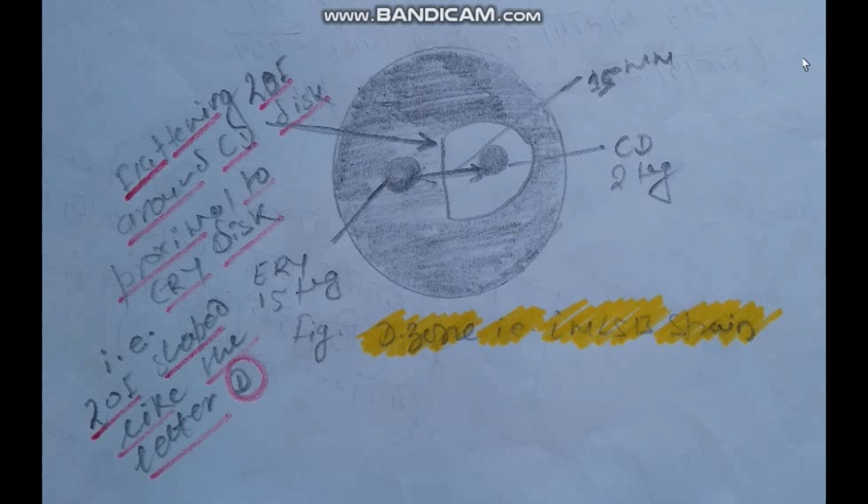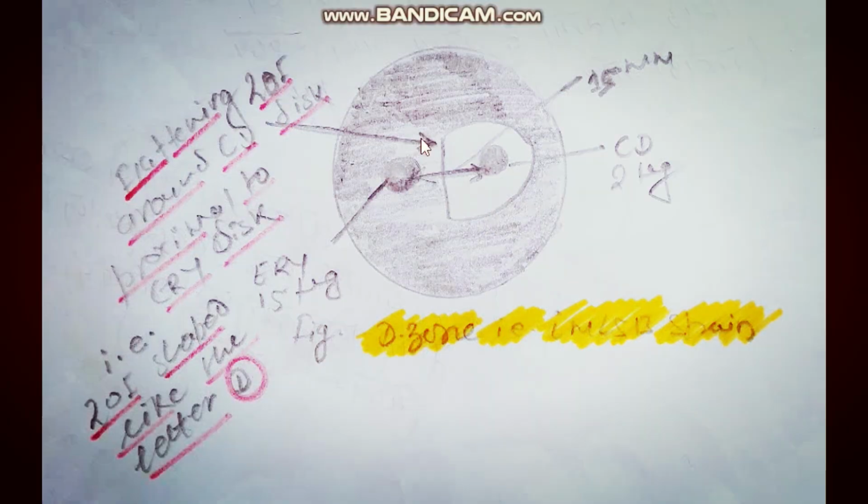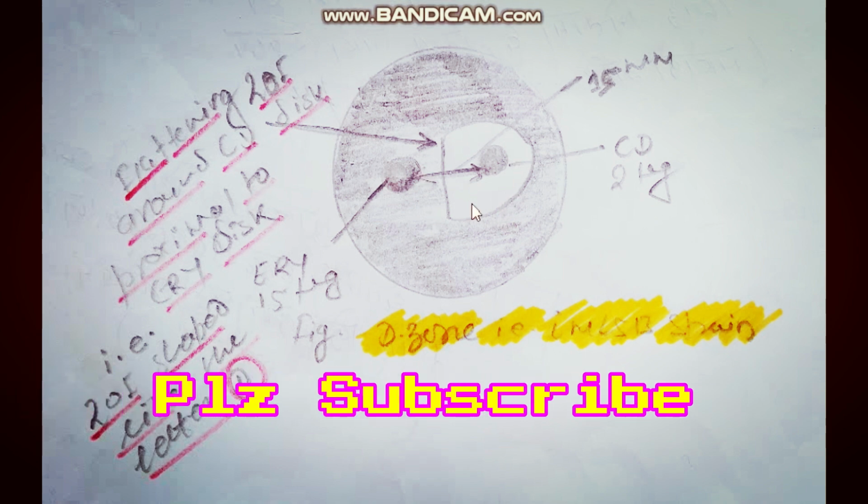The test is performed by disc diffusion, placing a 15 microgram erythromycin disc in proximity to a 2 microgram clindamycin disc on an agar plate that has been inoculated with a staphylococcal isolate. The plate is then incubated overnight.